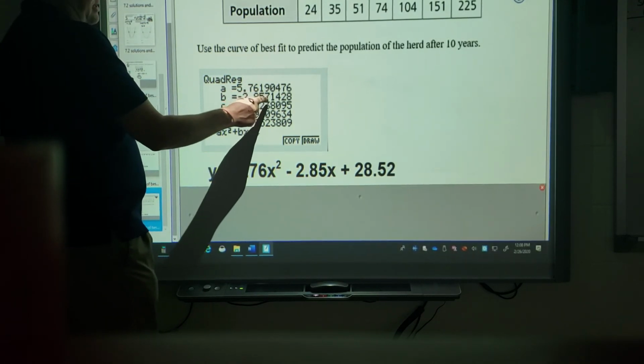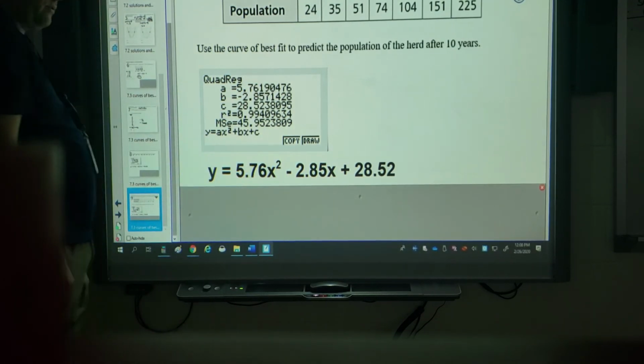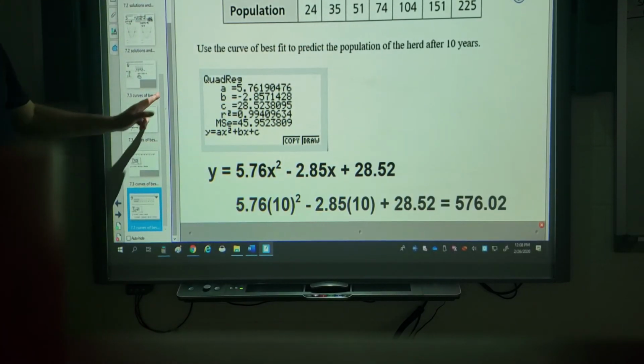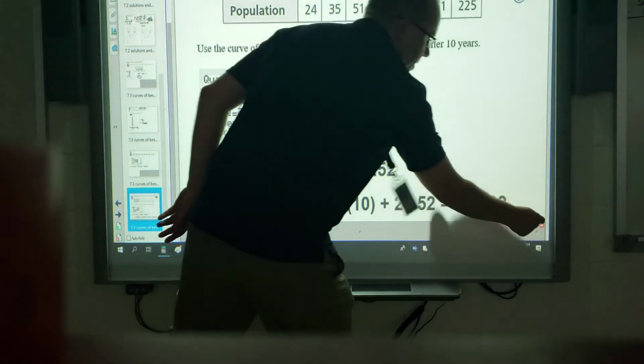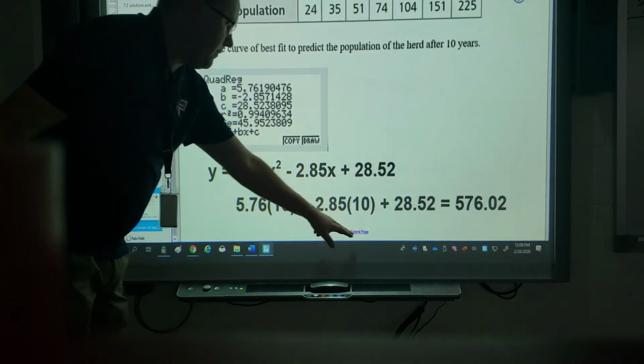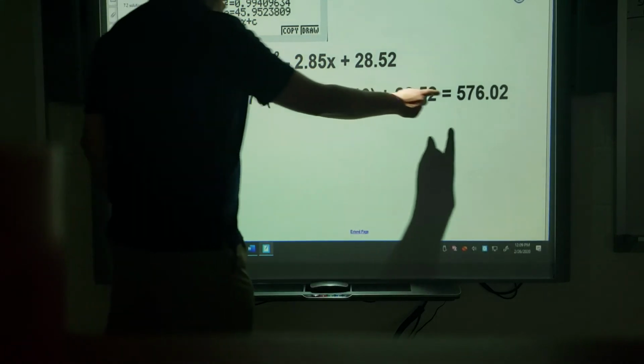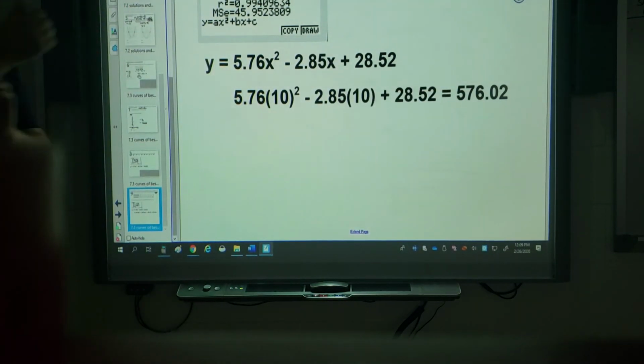Once again, this should technically be 86 because this number's 5 or above. And then just plug in that 10. So wherever you see the value of x, you just put 10. And if you put squared, then you should be able to come up with the correct answer, which this time was 576.02. Often on multiple choice, it'll just ask you for which is the closest answer.